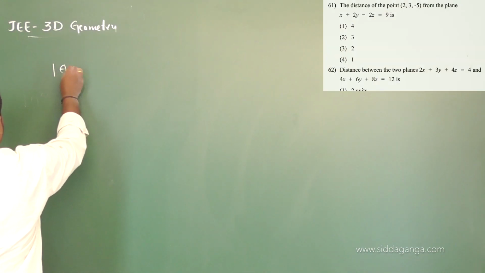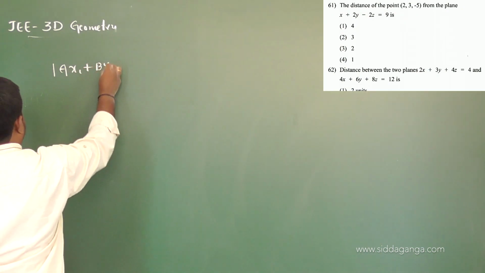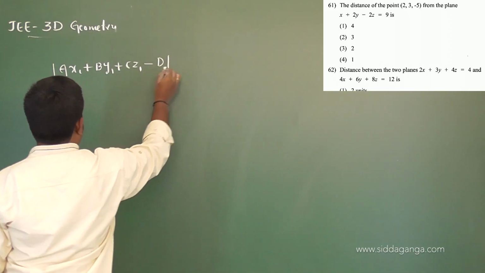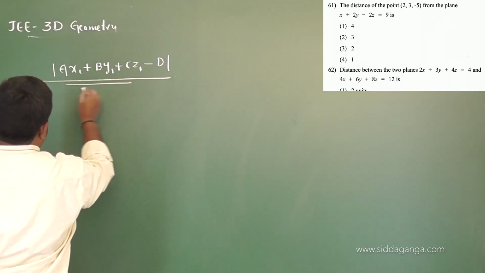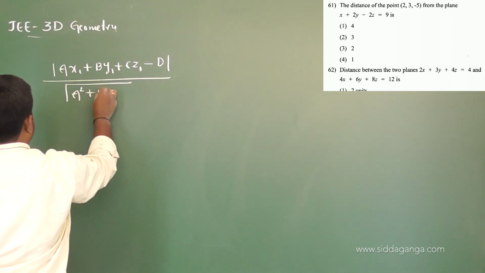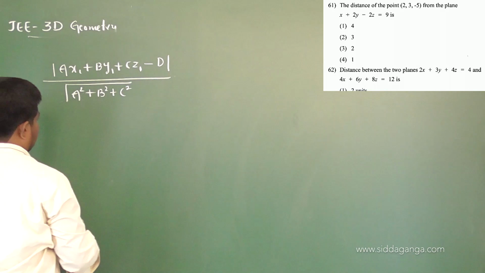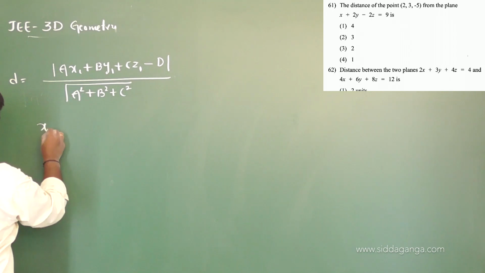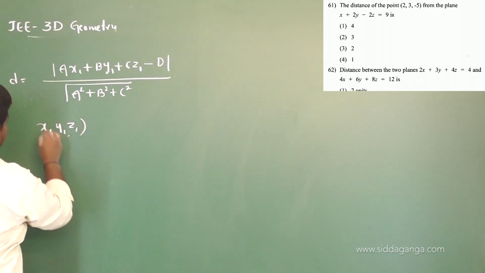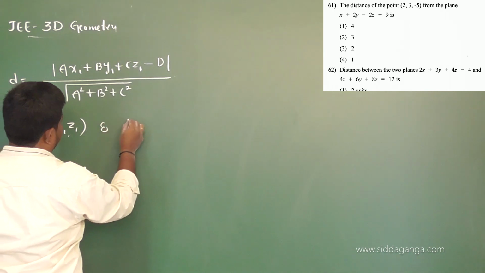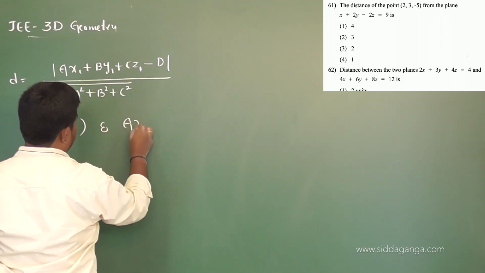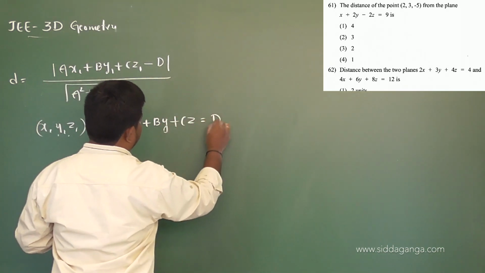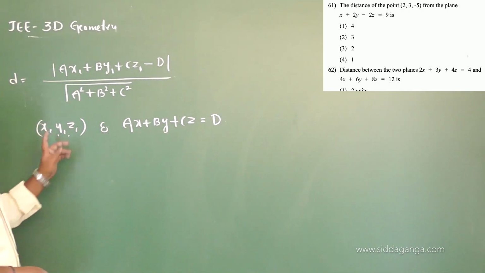Yes, mod of ax1 plus by1 plus cz1 minus d whole divided by root of a square plus b square plus c square. So this gives the distance between the point x1, y1, z1 and the plane ax plus by plus cz is equal to d. So the distance between these two is given by this.